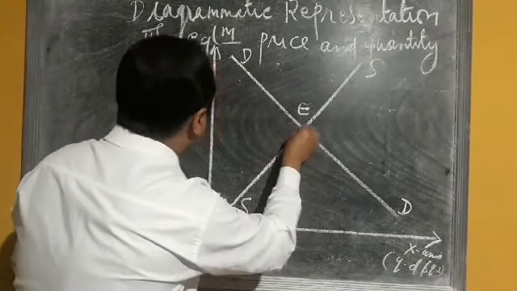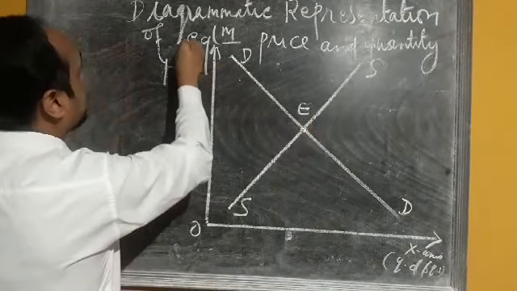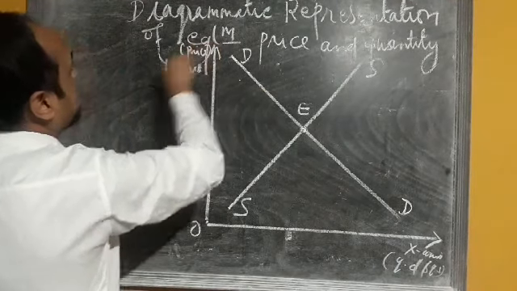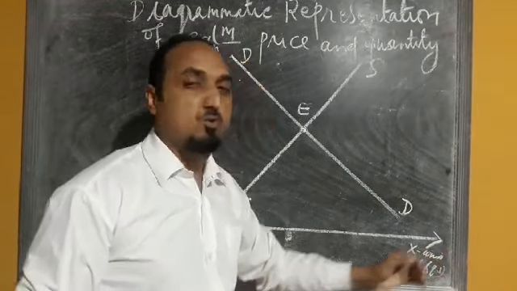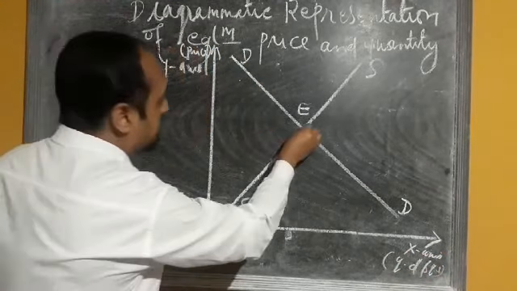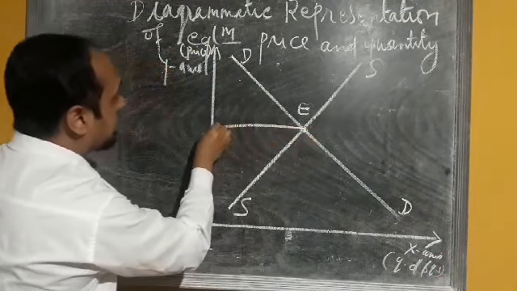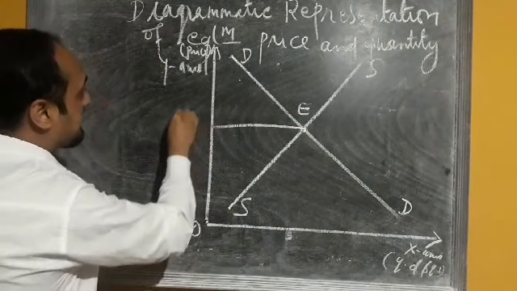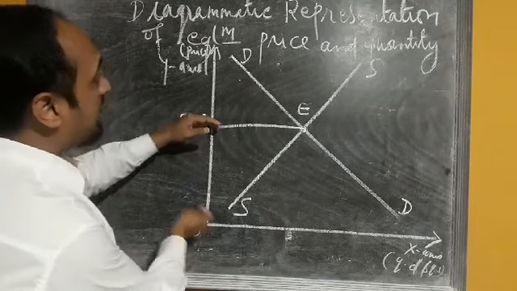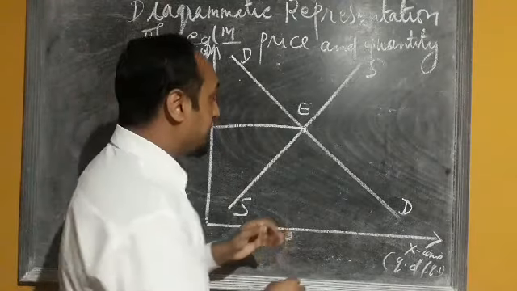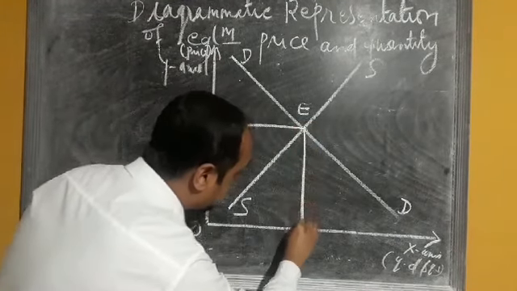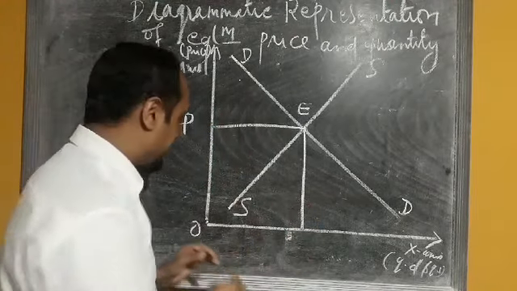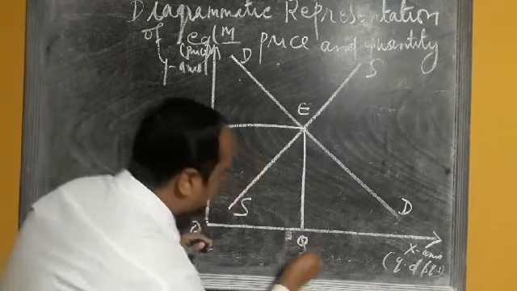Now this y-axis is our price axis, and the x-axis is quantity. If we draw a straight line from E to the price axis, we get the equilibrium price, suppose OP. And if we draw a straight line from the equilibrium point to the quantity axis, we get the equilibrium quantity, suppose OQ.